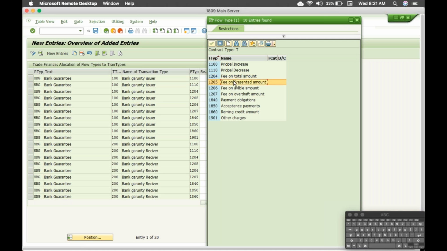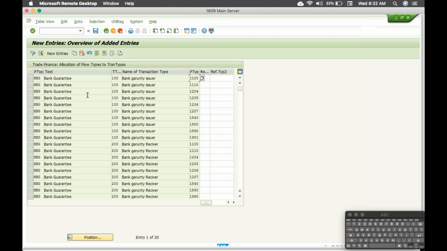If they charge on presented amount, then that will apply. Is it a fee being paid to the bank? Yes, we are paying the fees to the bank and the banker is the receiver.